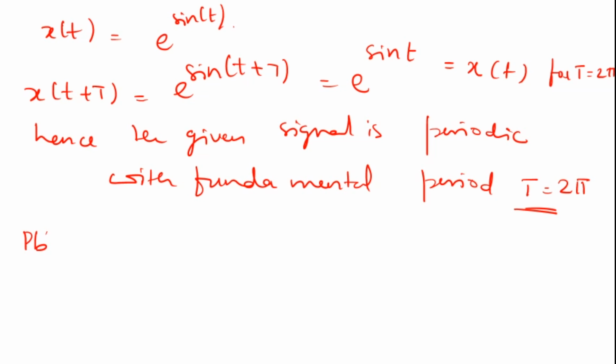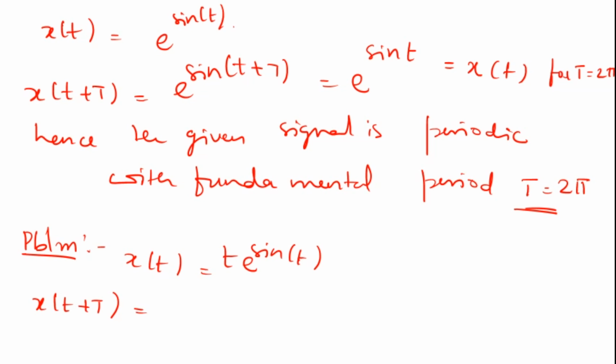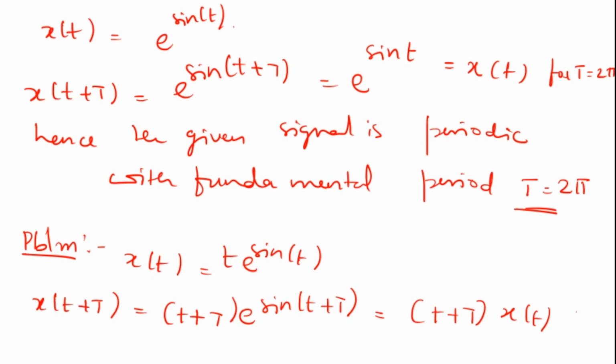Next problem, x of t is equal to t into e power sin of t. Then x of t plus T is equal to t plus T into e power sin of t plus T, which is equal to t plus T into x of t for T is equal to 2 pi.